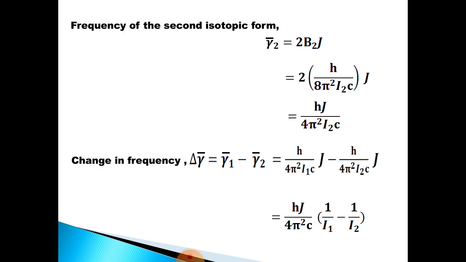The frequency of the isotopic form 2, nu 2 bar, is equal to 2B2J. Here the value of B2 is substituted.